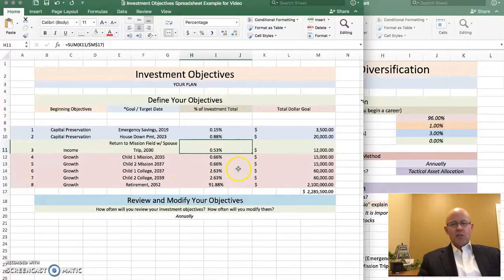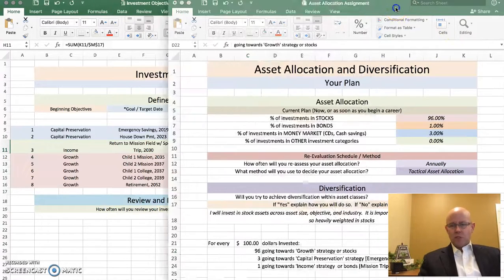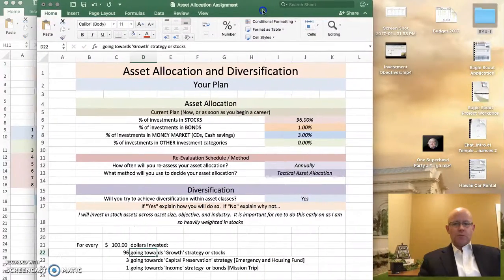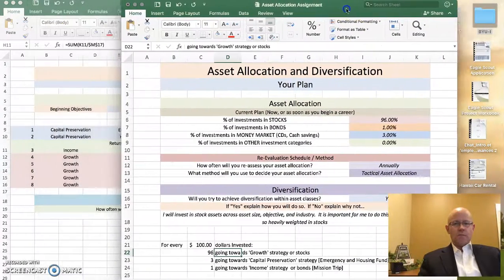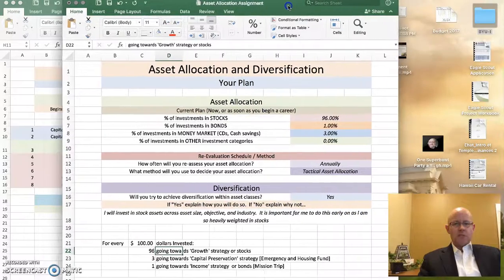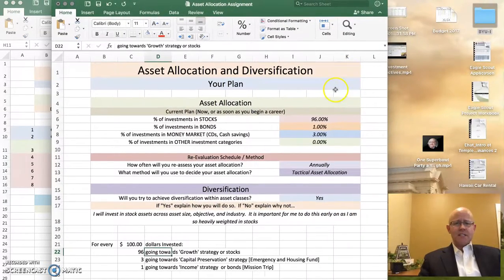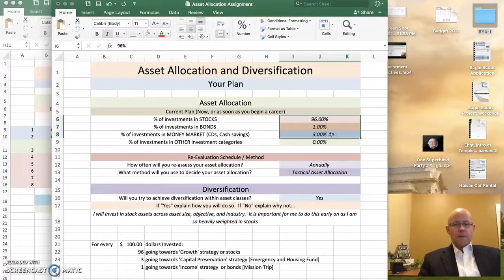With that understanding, let me pull up this week's assignment. This week's assignment is all about diversification and asset allocation. So what did I do? First, I basically took those percentages from this page and put them into this formula, because this has to equal 100%.